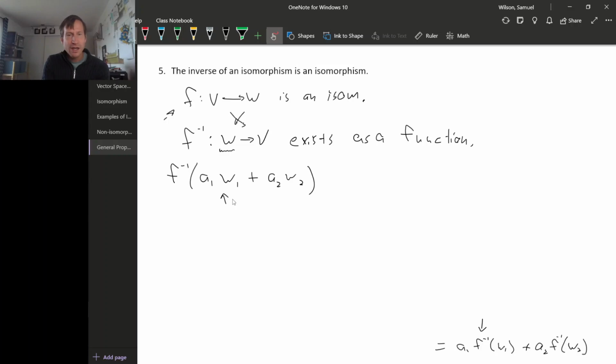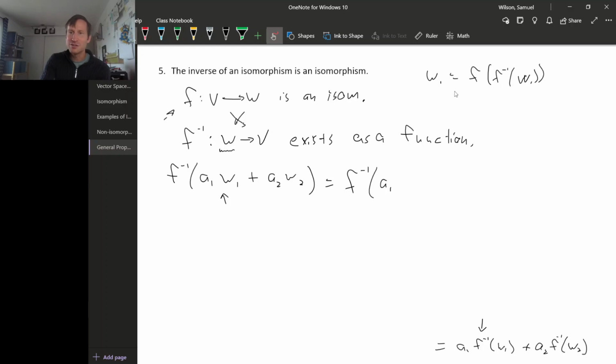So one thing to remember about inverse functions is you can make them sort of appear out of nothing because they undo each other. So we can make an f inverse show up here, and an f will also show up here. So let me write down what I mean. So w1 is equal to f of f inverse of w1.